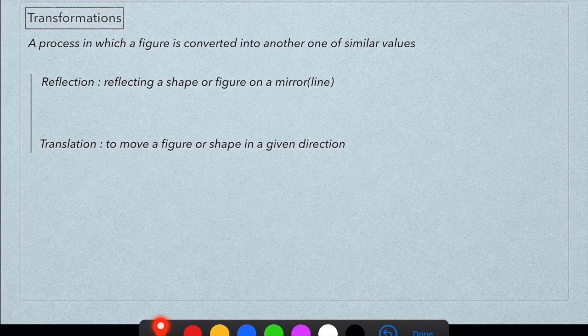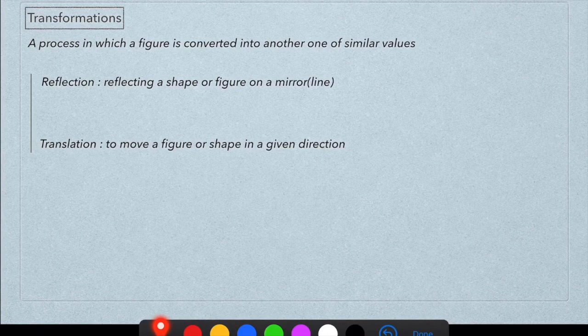This exactly is what we're going to do about translation in mathematics. We are going to move the shapes in any direction, including upwards, downwards, left or rightwards.